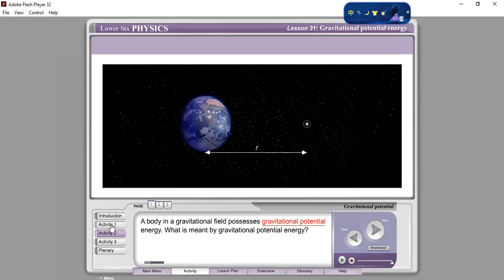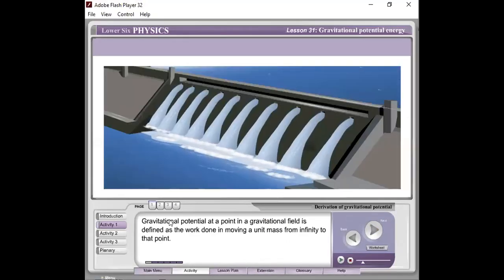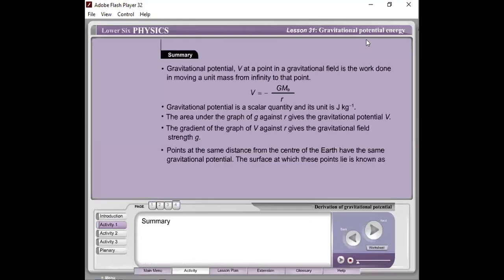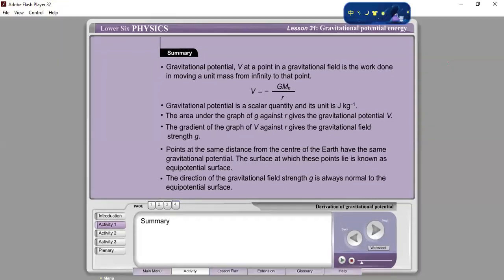It is, at a point in a gravitational field, the work done in moving a unit mass from infinity to that point. Gravitational potential V equals negative G ME over R.